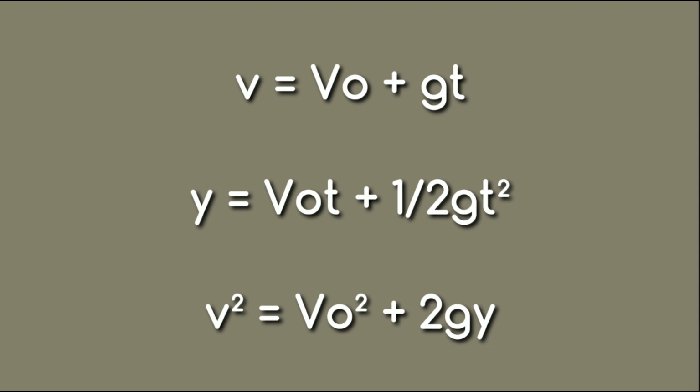Second, vertical displacement is equal to initial velocity times time plus 1/2 gravity times time squared. Third, final velocity squared is equal to initial velocity squared plus 2 gravity times vertical displacement.